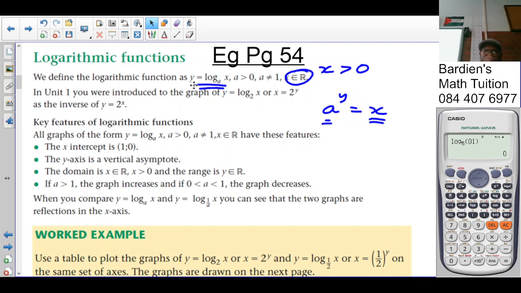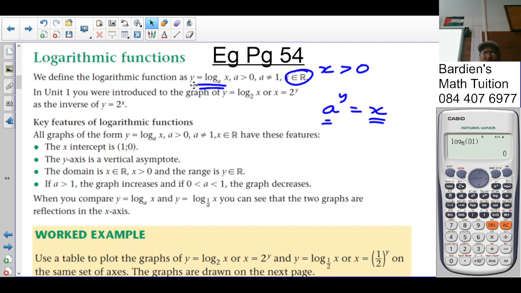In Unit 1, we were introduced to y is equal to log x base 2, or x is equal to 2 to the y, as the inverse of y is equal to 2 to the x. The key features of log functions: all graphs of the form y is equal to log x base a, where a is greater than 0, and a is not equal to 1, where x is greater than 0, have these features.